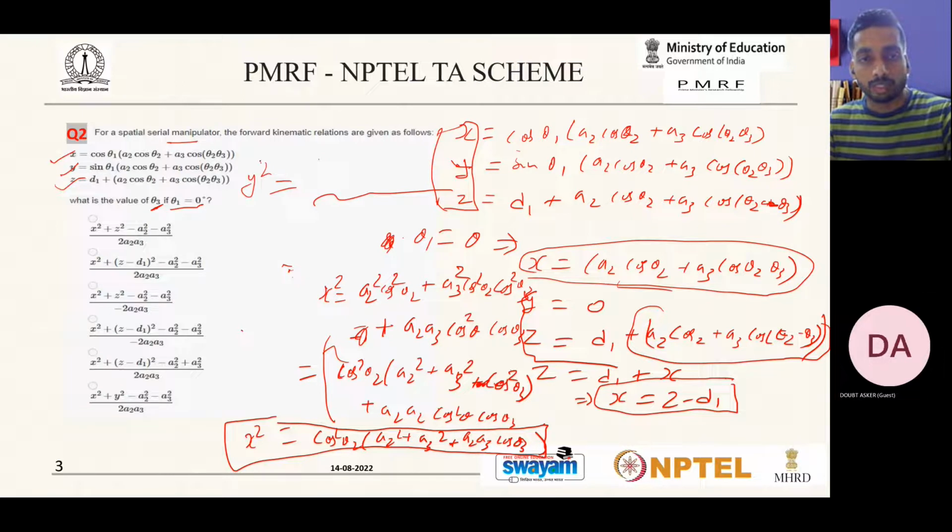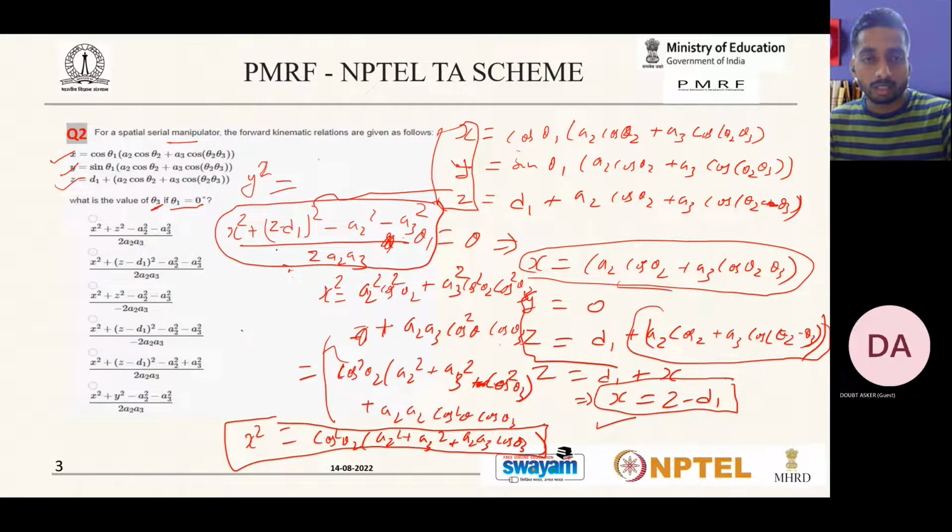I will give this as a practice exercise, because the more practice you do, the better understanding you will have. If you put this into the equation and use this value of y, we'll get x square plus z minus d1 square minus a2 square minus a3 square, divided by 2 a2 a3. This is when we have y equals 0.